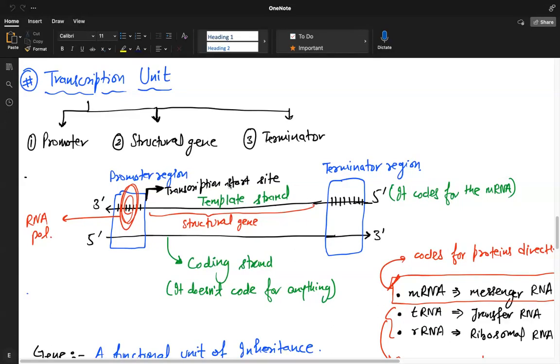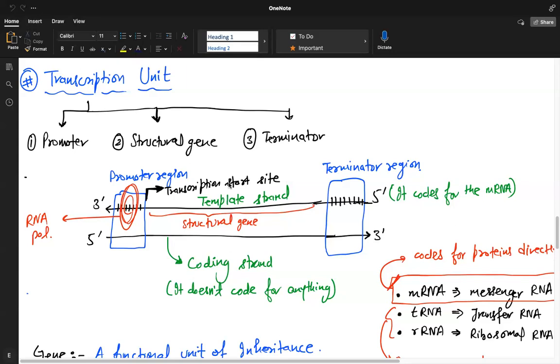Template strand, right. You brought up a good point, Alia. When we say a promoter or a terminator region, we always take into account the template strand. So you will say that the promoter is towards the 3' of the template strand because that is where RNA pol is going to sit, right?